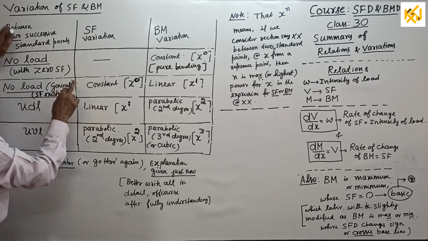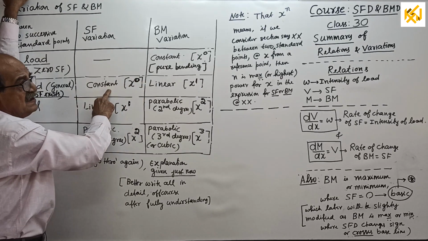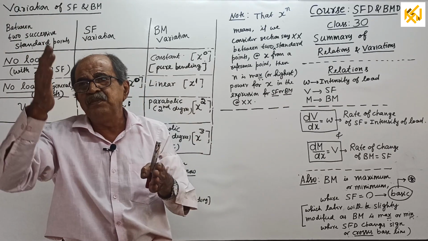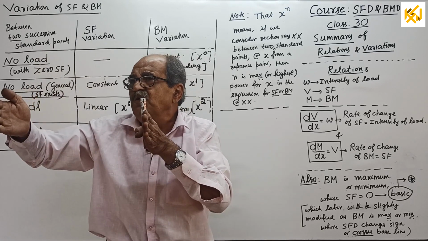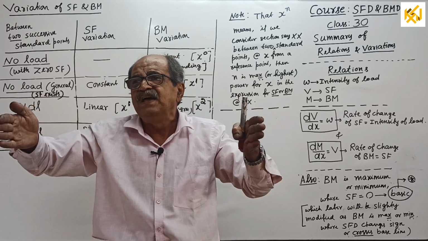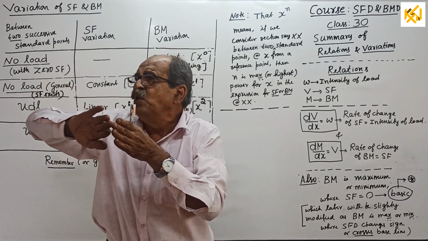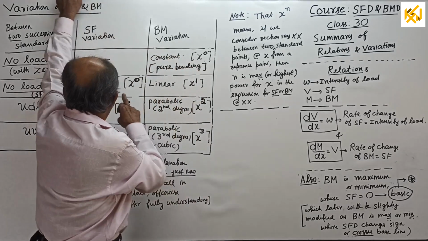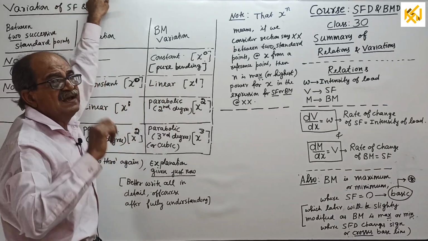Then the shear force variation is x power 0, constant. When between two points there is no load, shear force is the resultant force from one side. So as you move along that portion, wherever you go, when you look at one side, the loading will not change. So shear force will be constant, x power 0, but bending moment will be linear.